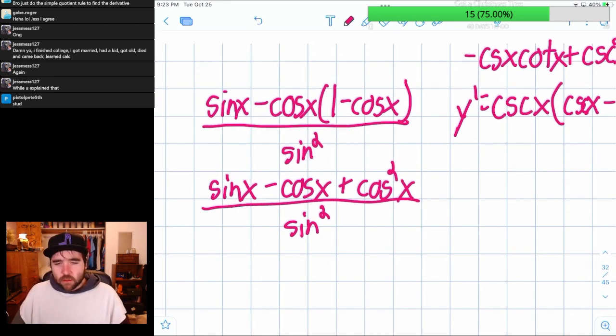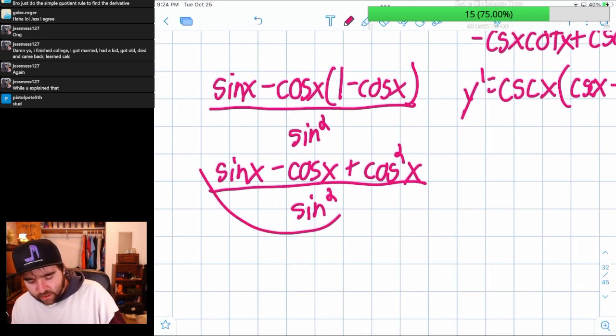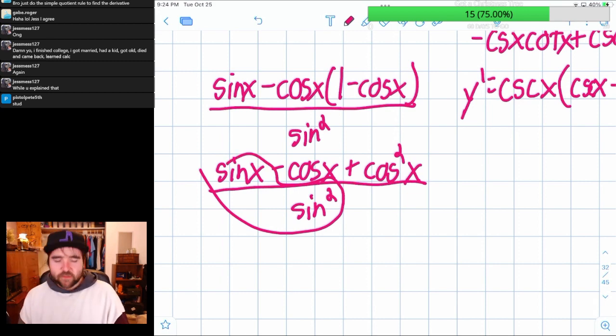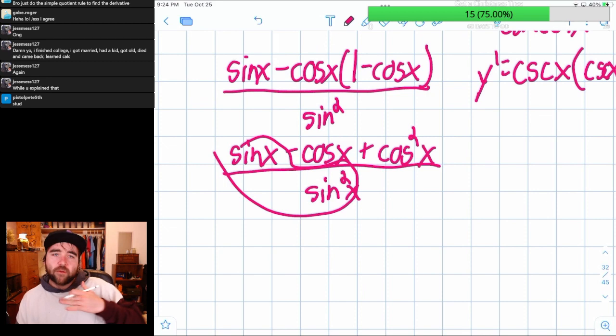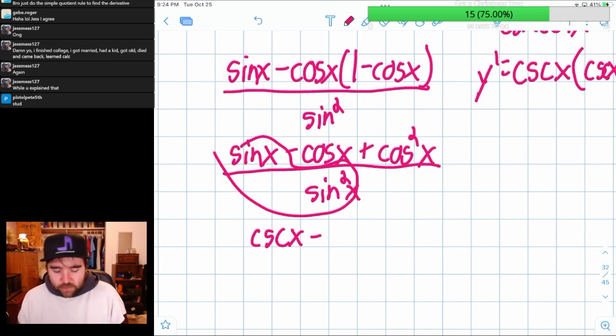Okay. So what are we going to do now? Do I want to separate it into its separate fractions now? That seems decent, I guess. So we have this, sine of x over sine of x squared. So that's going to cancel one of them, and it'll be 1 over sine, which is cosecant of x, minus cosine of x over sine squared.